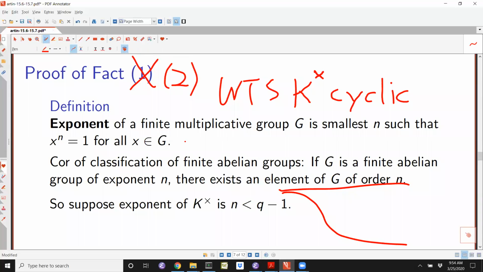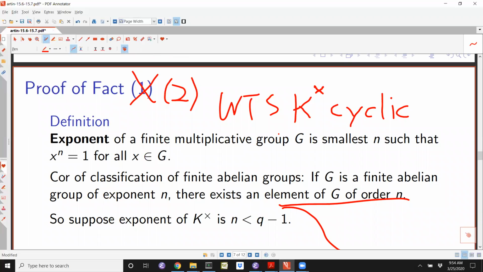The exponent of a finite multiplicative group G is the smallest positive n, so n greater than 0, such that x to the n equals 1 for all elements x of G. For any G, this is the least common multiple of all orders of elements that appear in G.